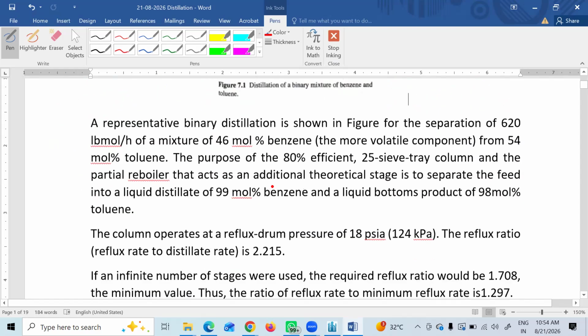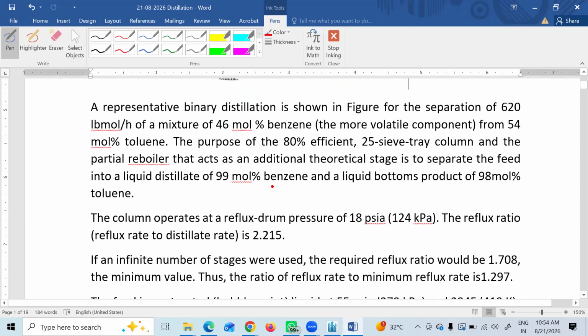Okay, so let me read the problem here for better understanding. A representative binary distillation is shown in the figure, for the separation of 620 pound moles per hour of a mixture of 46 mole percent benzene and 54 mole percent toluene.